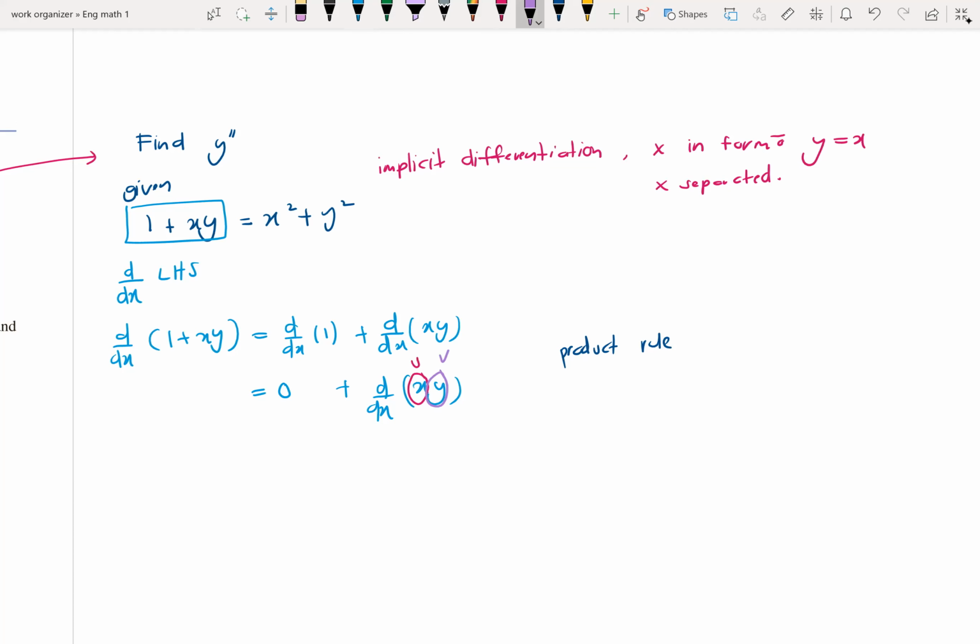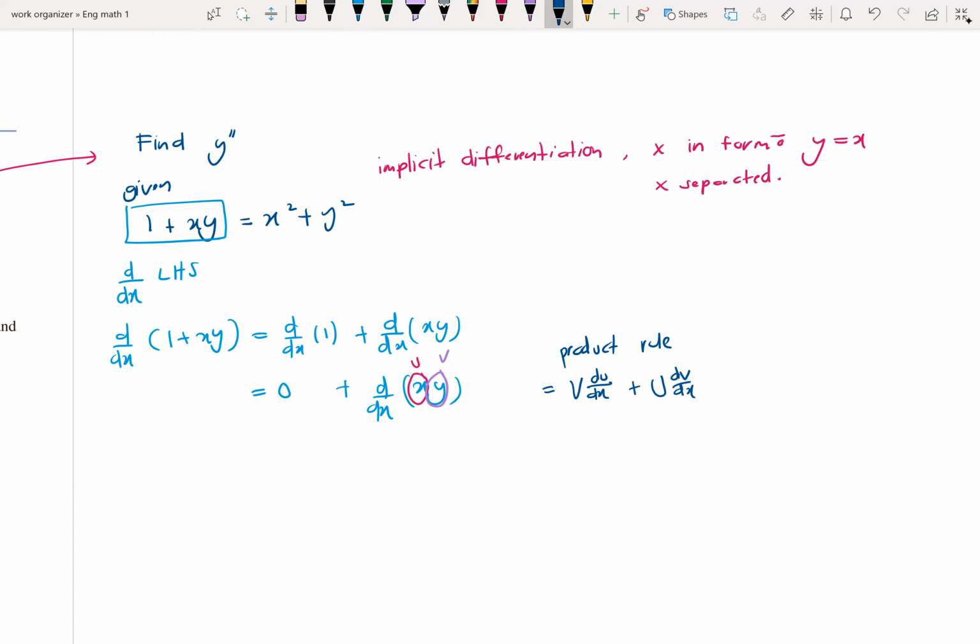The product rule is v du plus u dv, and of course with respect to dx here.